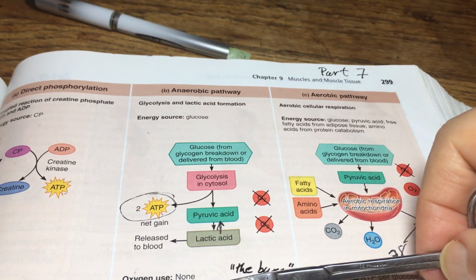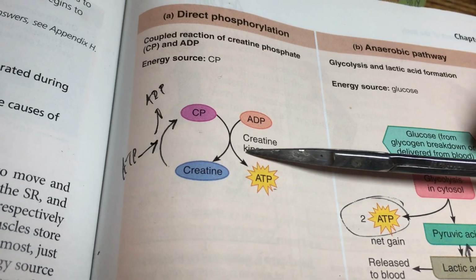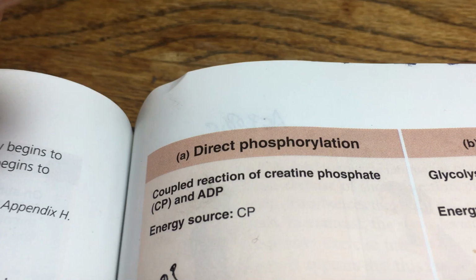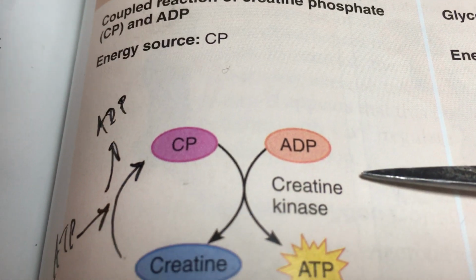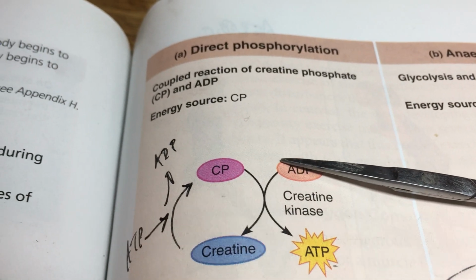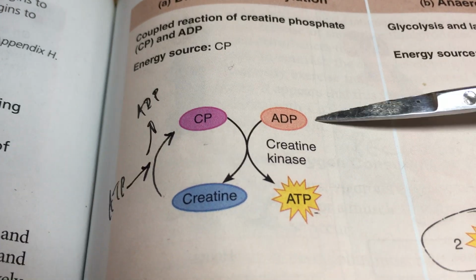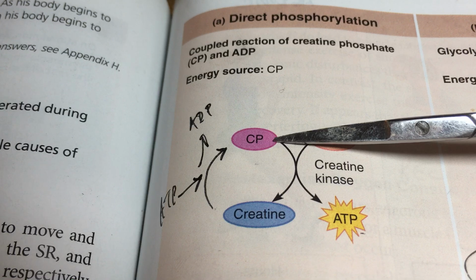We have a comparison of 3 different pathways that I just spoke of. In this particular pathway, we have the direct phosphorylation, as it's referred to, and we're going to already have prepared our creatine in this regard during sleep or rest. We're going to phosphorylate it, so it's all set to go.